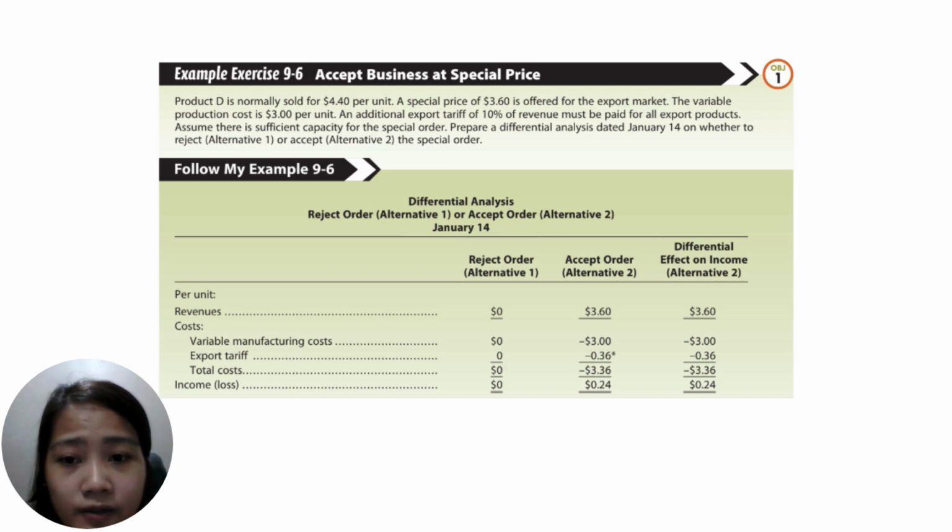So for the export tariff, we have a total cost of $3.36. So overall, we have an income of $0.24. So by this, we can say that it is best to accept the order since we will have 0.24 income for every unit made.